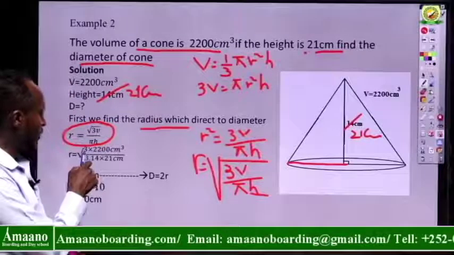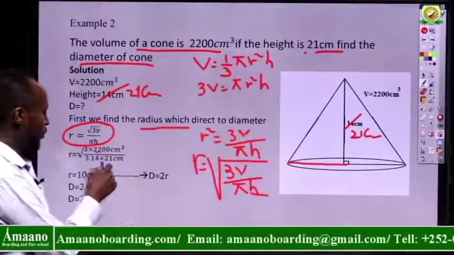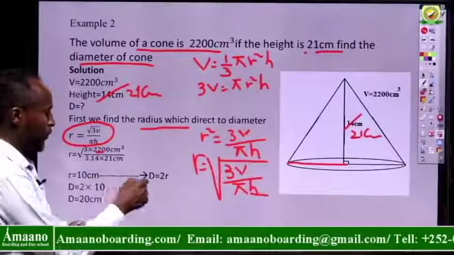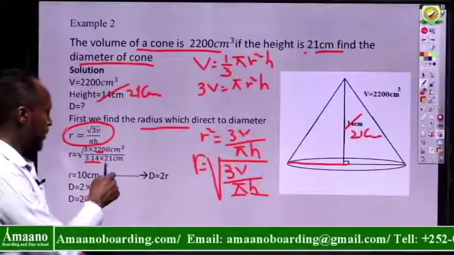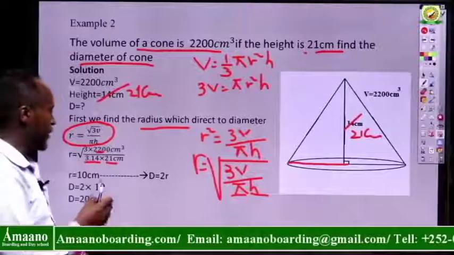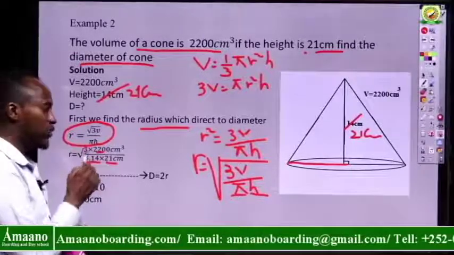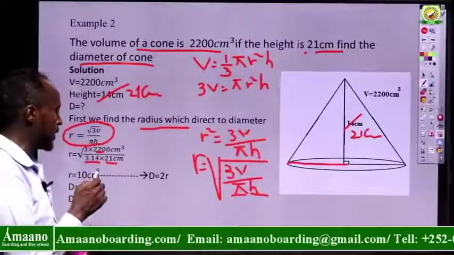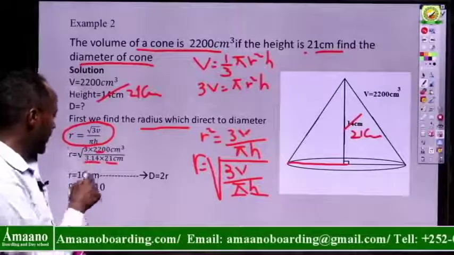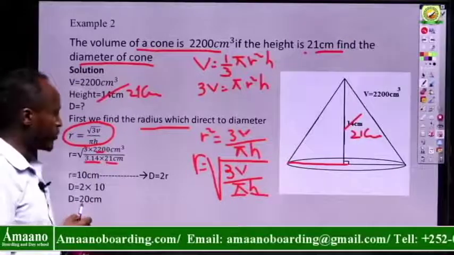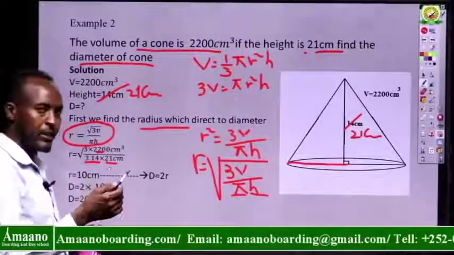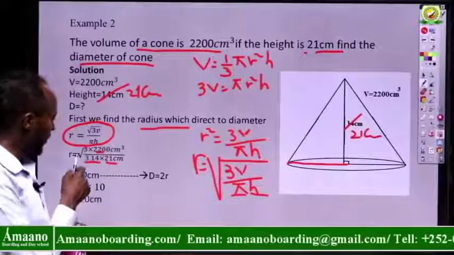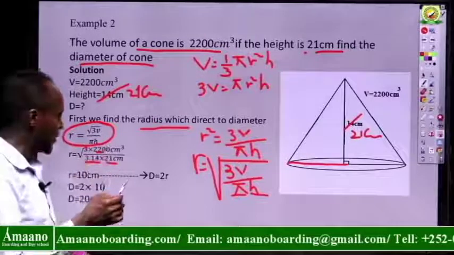Look at this formula. If we substitute 3 times the volume, which is 22,000, divided by 3.14 times 21 centimeters. Multiplying 3 times 22,000 is 66,000, divided by 3.14 times 21, which is 660.